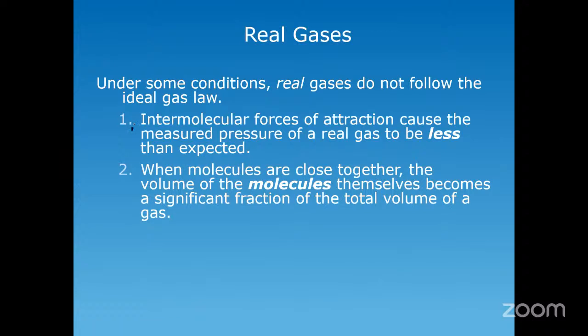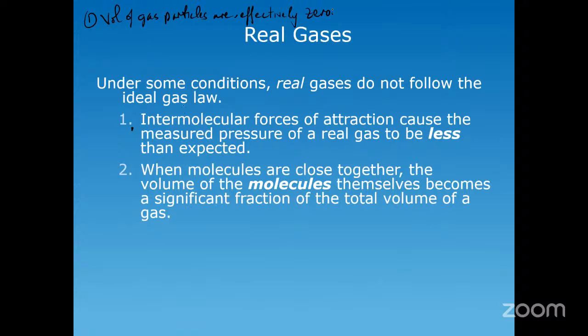And I'm going to see if I can make a note up here. One is that the volumes of the gas particles are effectively zero. Right? In other words, basically we're assuming that the particles do not take up any space at all, right?